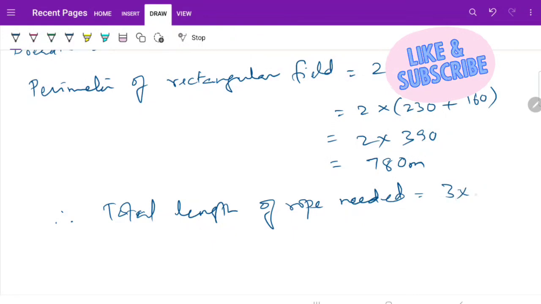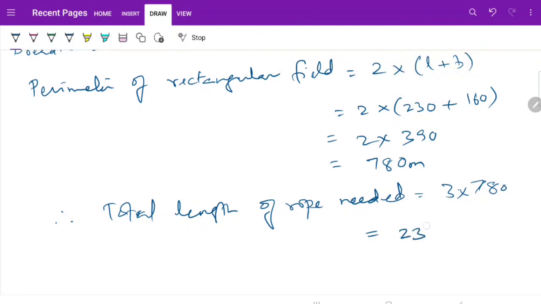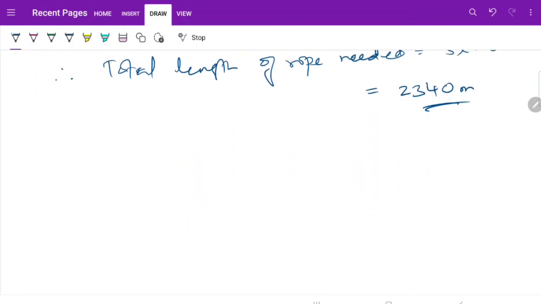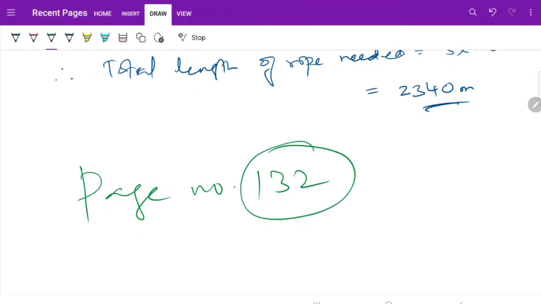So 3 multiplied by 780. 78 into 3 you do first and then put a 0 there. 78 multiplied by 3 is 234. 1 0 is there. Put this 0. The question is given in meters. This is about meters. So students, we have done here so far page number 132. All 6 questions we have done.